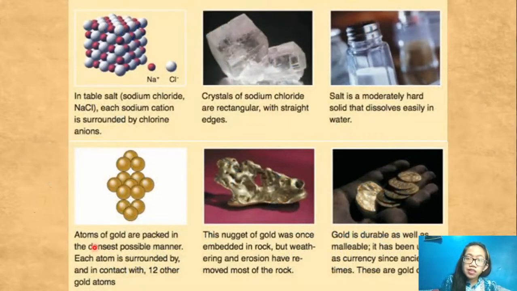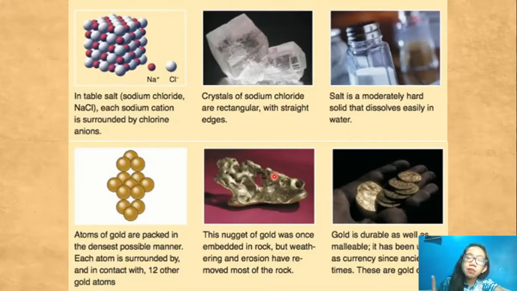Okay, more examples of why certain minerals have specific shapes. So table salt looks like little cubes or little squares because of their internal structure like this. Then gold is very useful because you could shape it into different ways.